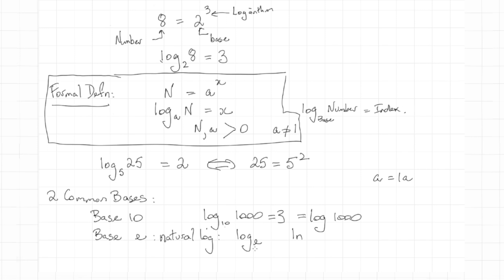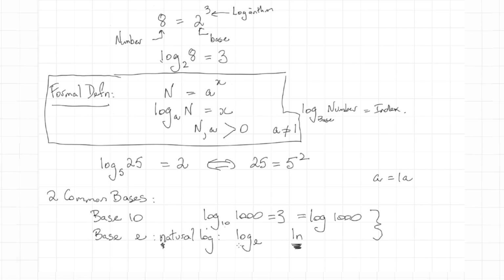And we don't have to write base E. The N in ln stands for natural log. So if you see ln on your calculator, that's log to base E. So they are the 2 on your calculator that you will use, log to base 10, and log to base E, depending on the situation as to which one you use.